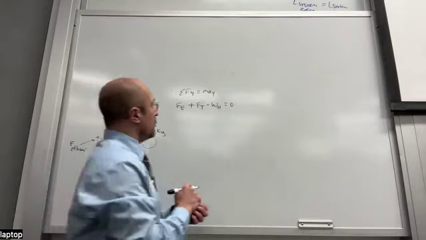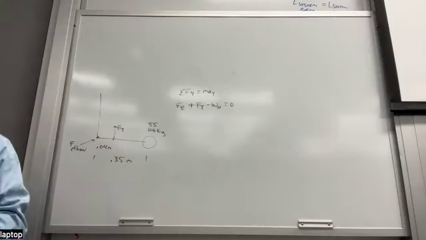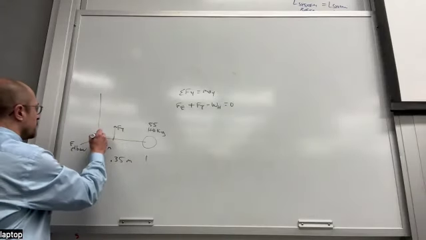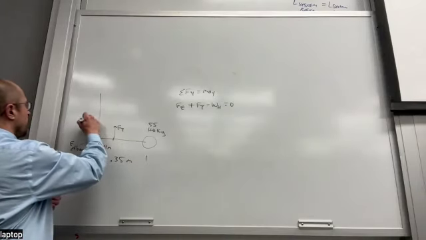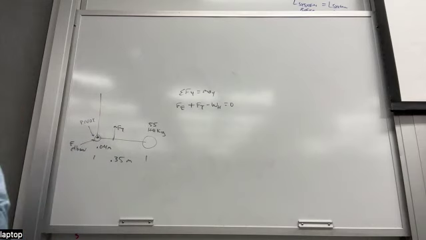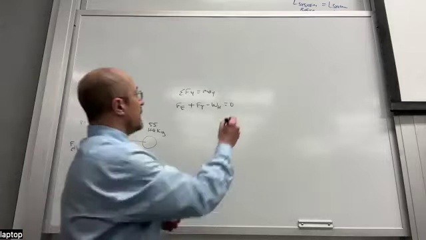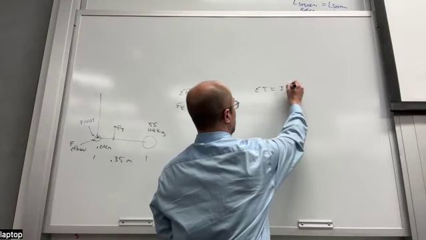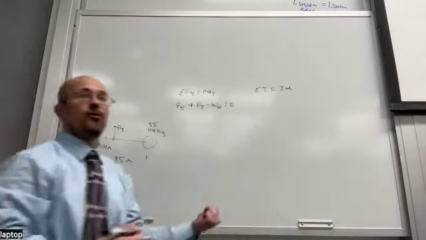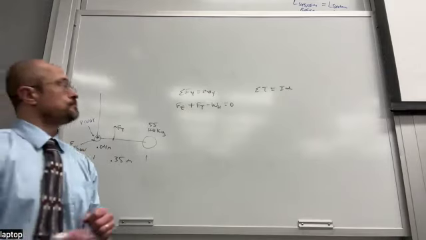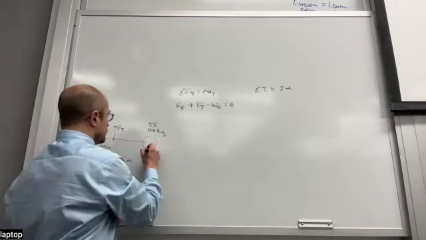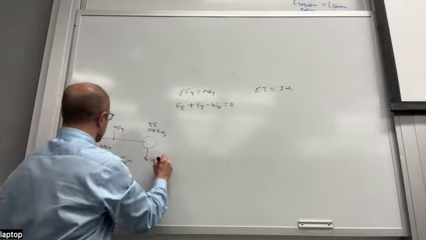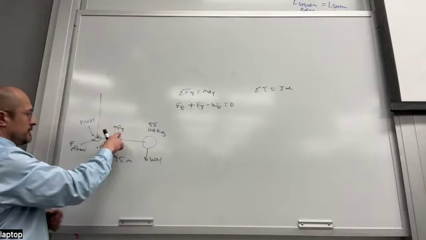Now, what we can do though is we can sum our torques and we can put our pivot at the elbow. So anytime your pivot is the location of a force, it doesn't contribute to the torque. So now when we go to sum our torques, we have torque equals I alpha. They tell us we're holding the barbell static. So what we see is we have the weight in the hand and the force of the tendon.